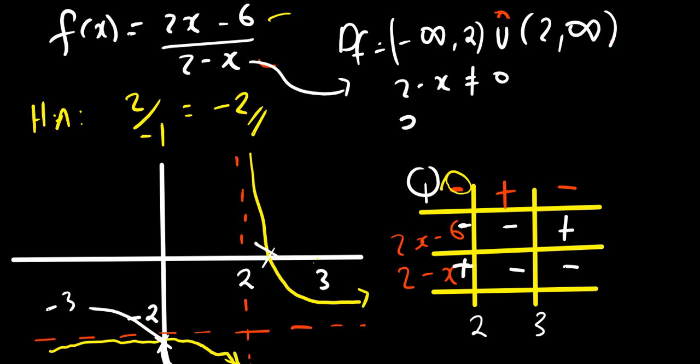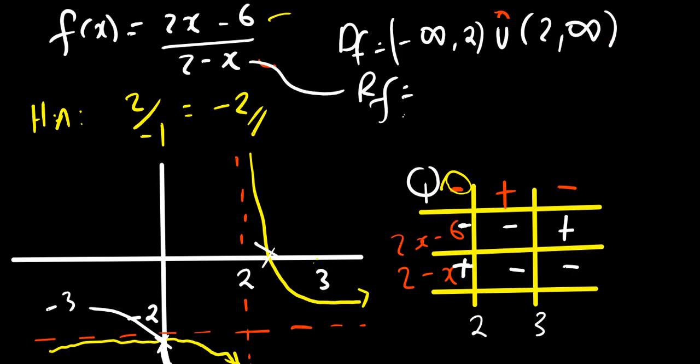Then what will be our range? To find the range of this function, you find the inverse of that function: you make x the subject of the formula, and the answer you get is what you determine the range from. But we can just use our graph because we've already graphed.